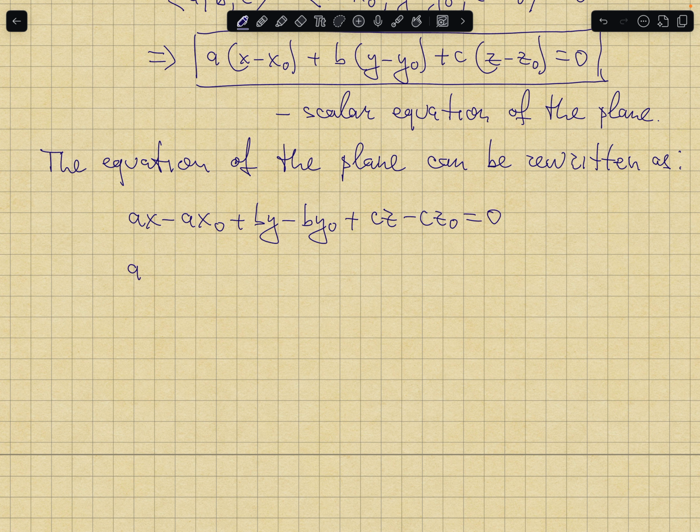That's the same thing as Ax plus By plus Cz, because A, B, C, x0, y0, and z0 are constants.